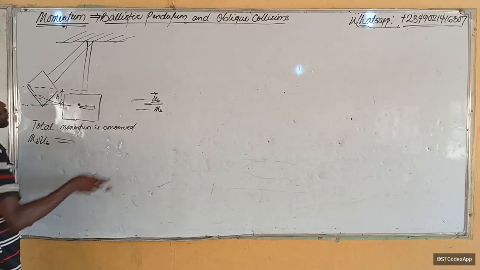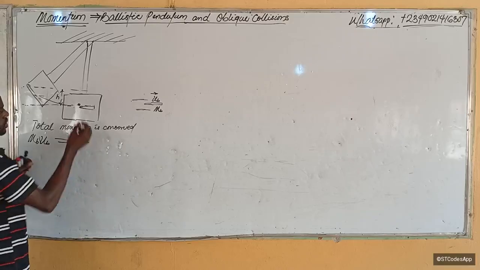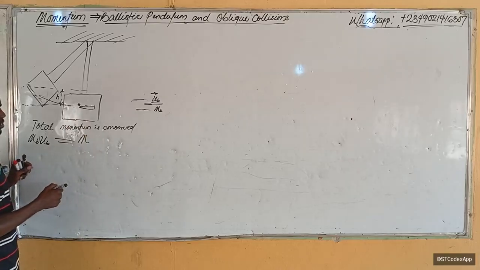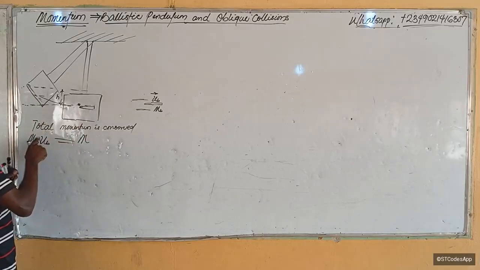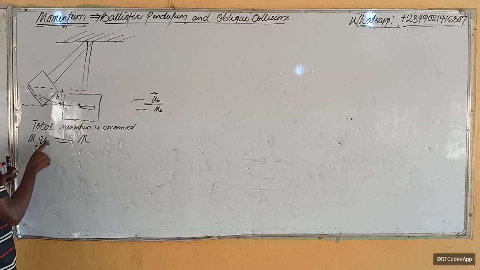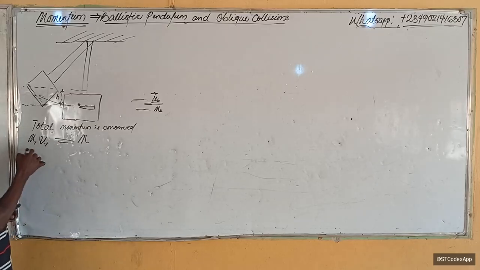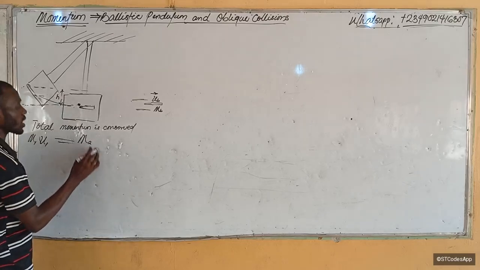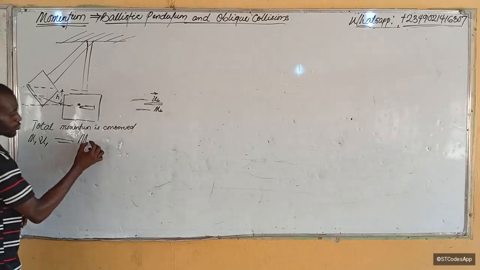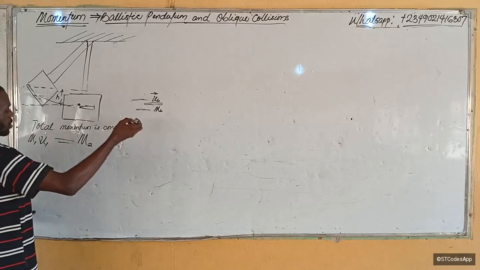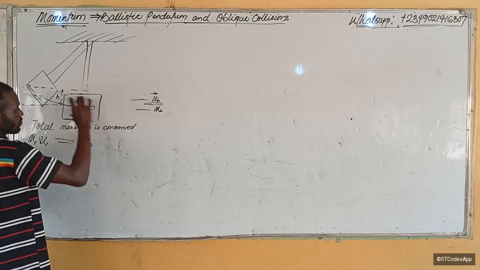Let's call the mass of the bullet m1 and its velocity u1, so m1 u1. The block has mass 2, or capital M, either way. Then this block will also move, right?